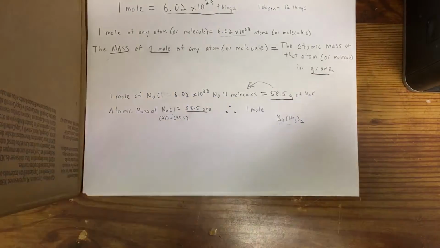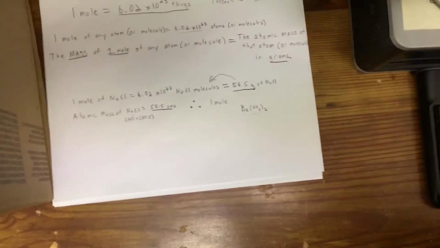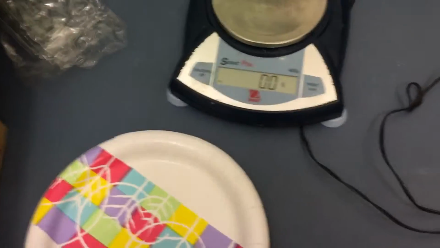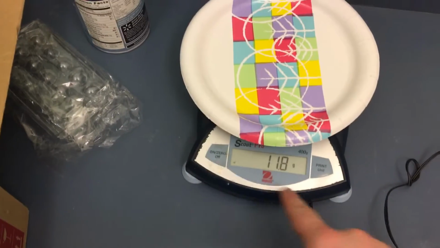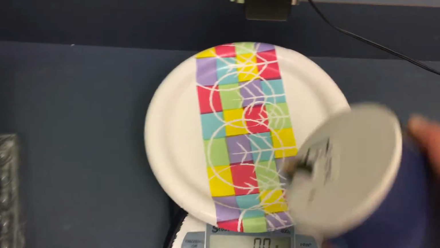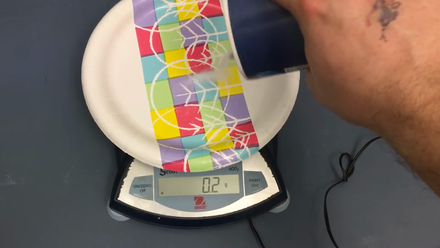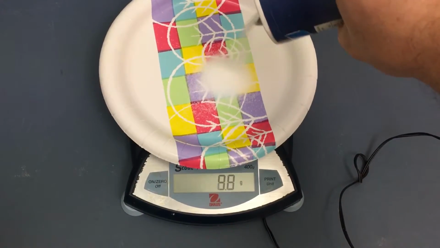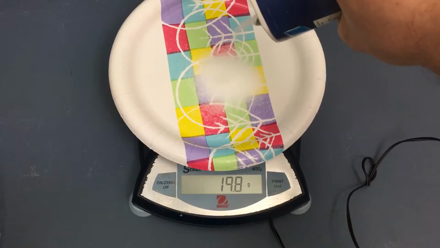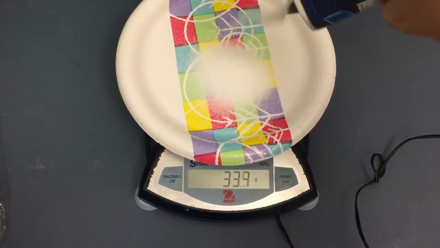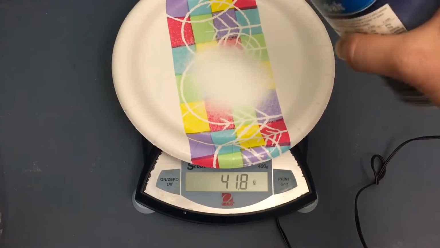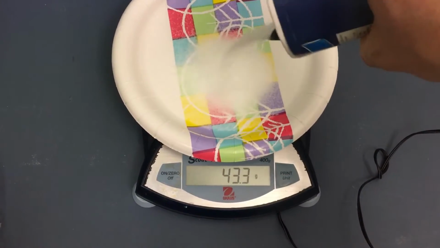So very, very quickly, let's do this. If we go and we get a scale, we'll put a plate on that scale, and we zero it, and we take sodium chloride, and we dump sodium chloride onto here to the tune of 58.5 grams. Slow it down.